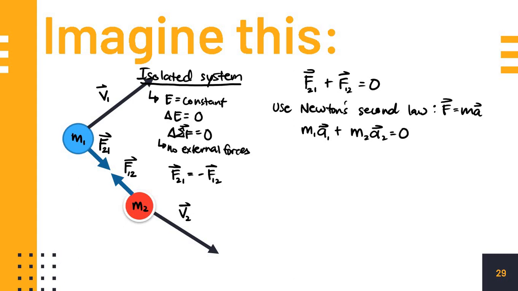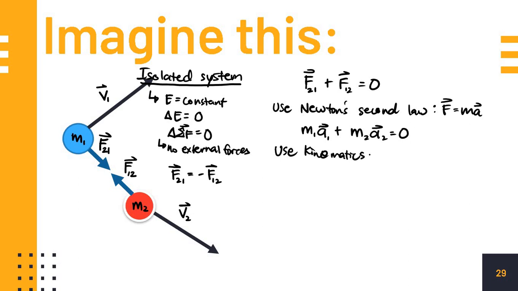Now we know that acceleration is related to velocity using kinematics. So let's use kinematics to get the velocity with respect to time function, or derivative, because again we know that acceleration is related to velocity in that kind of situation.